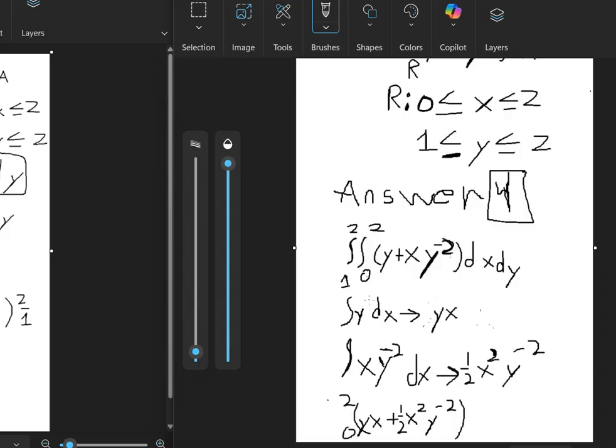So when we're just on the Y, the antiderivative of that is just YX. And then if we go to the second one, which is the antiderivative of X, Y to the -2, we treat the Y as a constant, like a number.